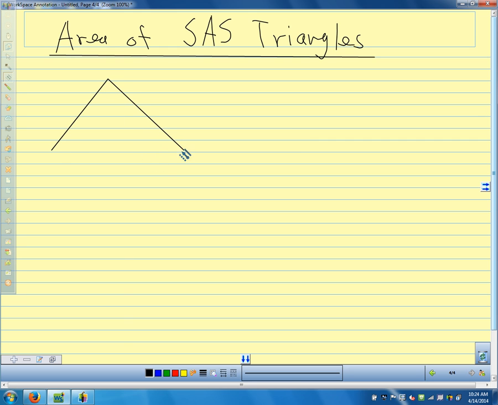Area of a side angle side triangle works out kind of nice. So we'll call this triangle ABC, and we use small letters for the sides. And we're going to say that we know angle A, we know side B, and we know side C.